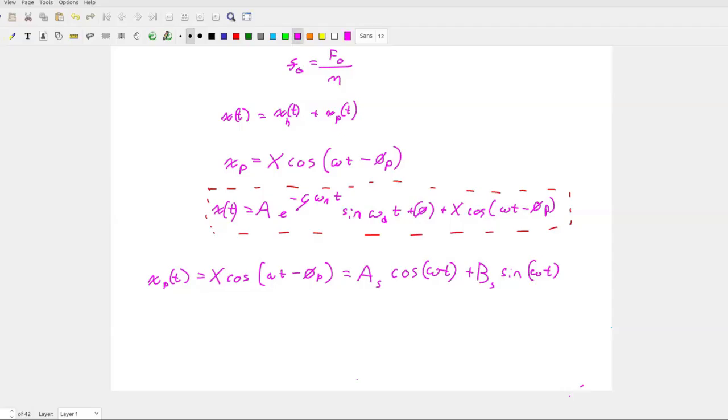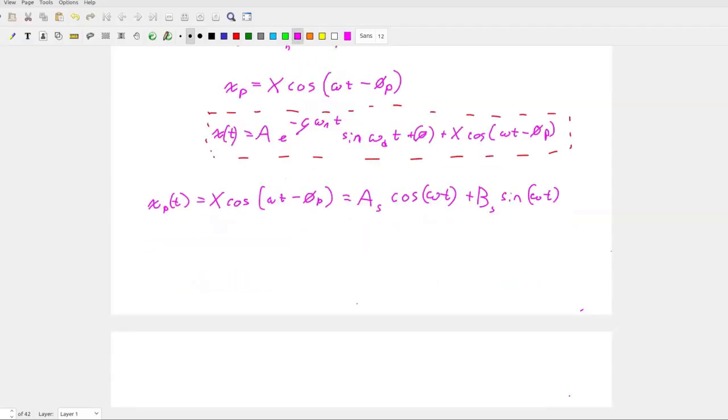This is from calculus, just thinking back to calculus, breaking things apart.